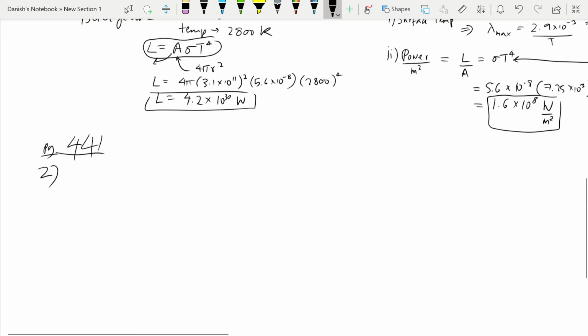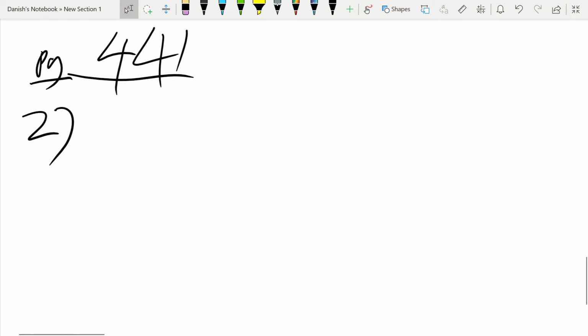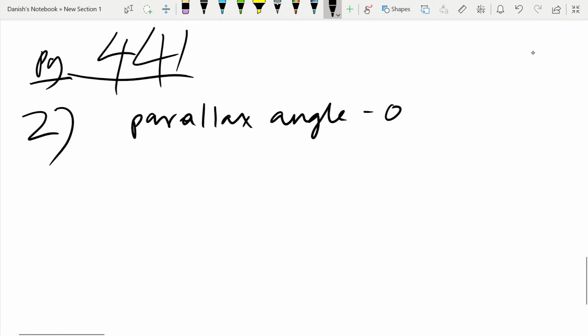We're moving towards the end of our session. So we know that the parallax angle is 0.549 arc seconds.